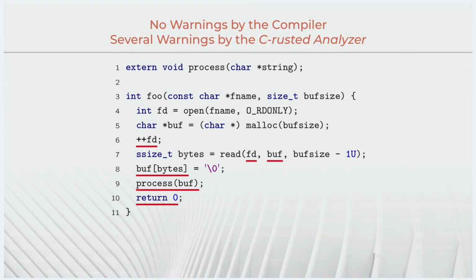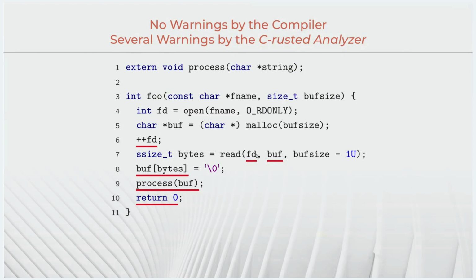At the implementation level, it's just incrementing an integer variable, which is perfectly fine, but for a file descriptor, it doesn't make any sense. And this is why the call to read in line 7 is flagged, because FD might be -1 in case the open failed, but even if it didn't fail, the FD has been invalidated by the incrementation that was done in line 6.